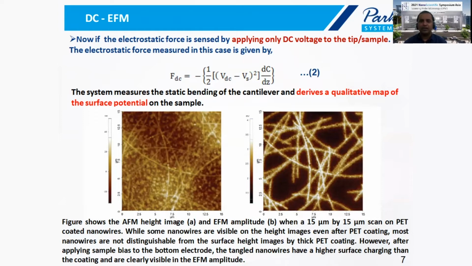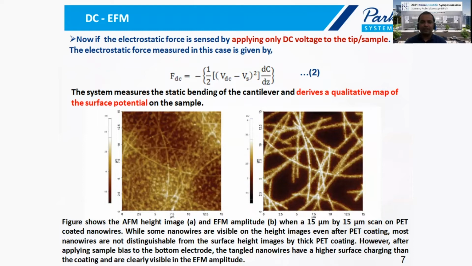Since we apply only DC voltage to the tip, this electrostatic force that we try to map is only measured with respect to the static bending of the cantilever, and generally this kind of measurement derives a qualitative map of the sample potential or the surface potential of your sample surface.